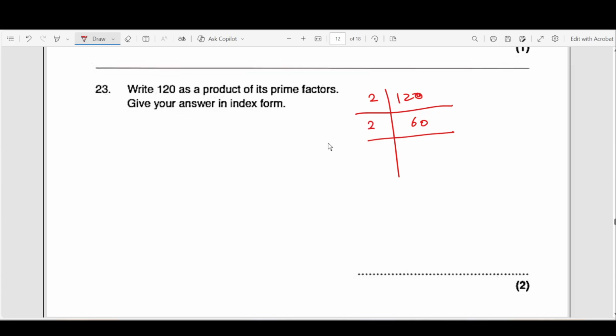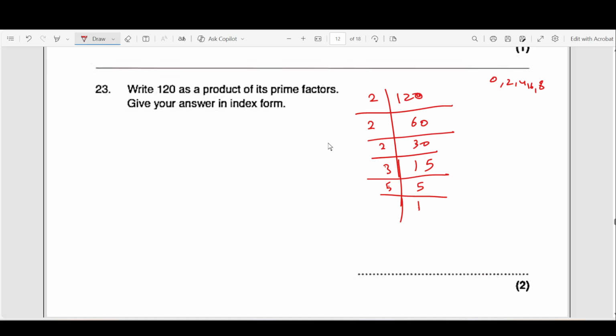If the last digit is even, meaning 0, 2, 4, 6, 8, then we can divide it by 2. 6 divided by 2 is 3. 30, this again we can divide by 2, even. So 15. Again 15 we can divide by 3. 3 times 5 is 15. 5 is a prime number. 5 divided by 5 is 1.